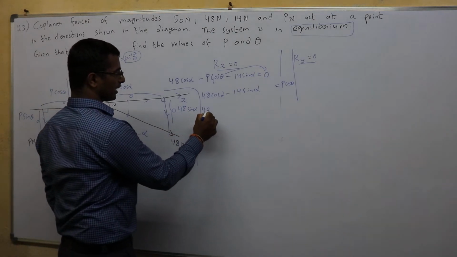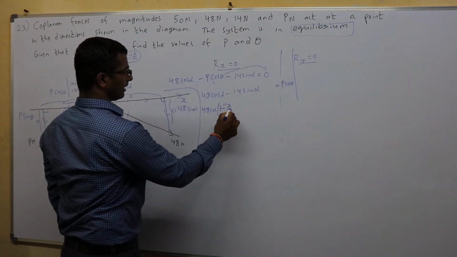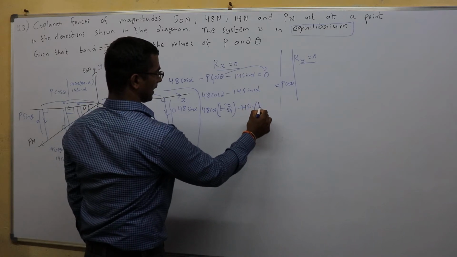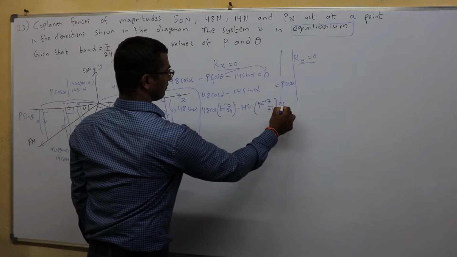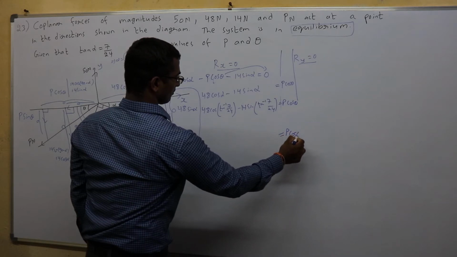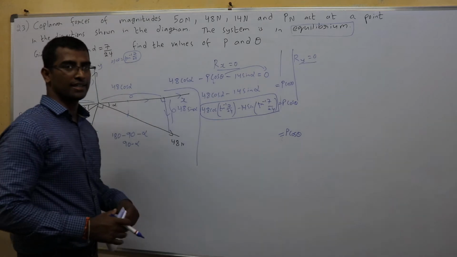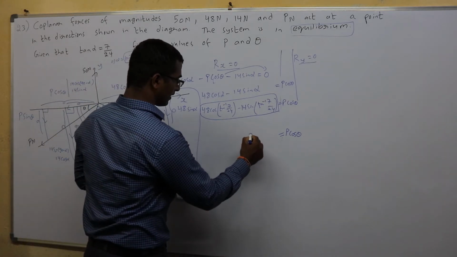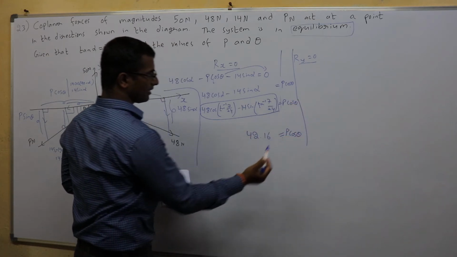So it becomes 48 cos(tan inverse 7 by 24) minus 14 sin(tan inverse 7 by 24) equal to P cos theta. Now put this in the calculator. You get the answer to be 42.16 is your P cos theta.